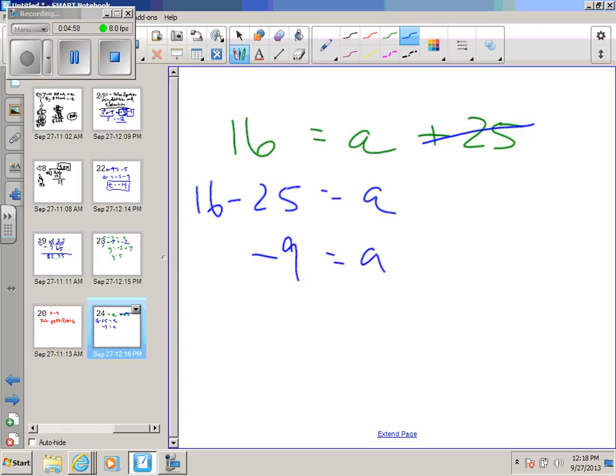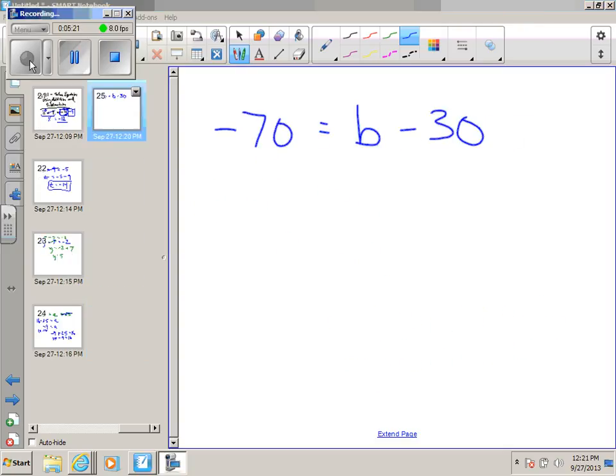When you plug it back in, -9 plus 25 equals 16. Can you switch the order of those two? 25 minus 9 equals 16. Does that make sense? Sure.